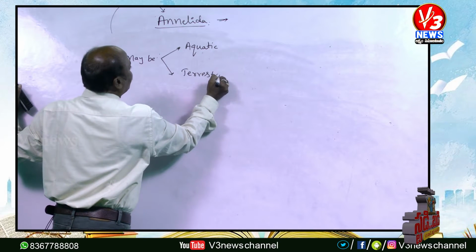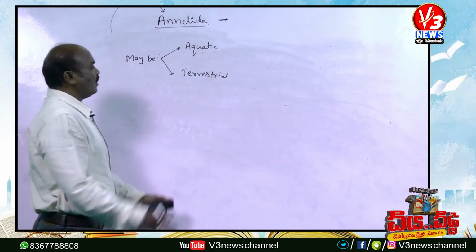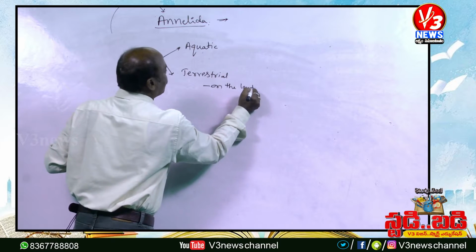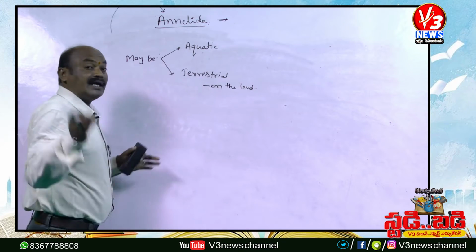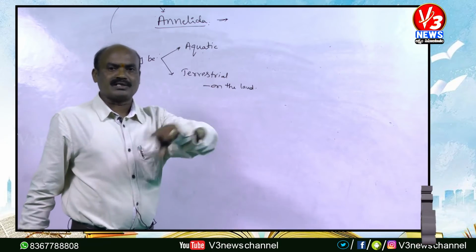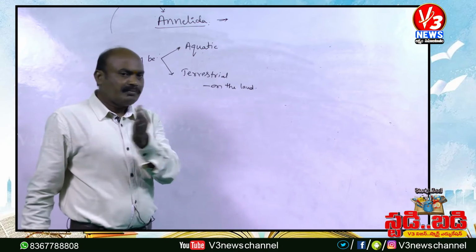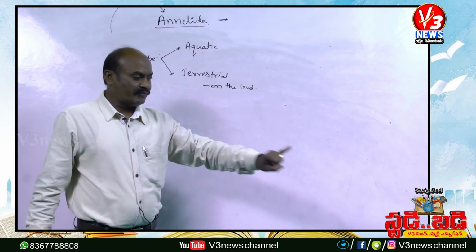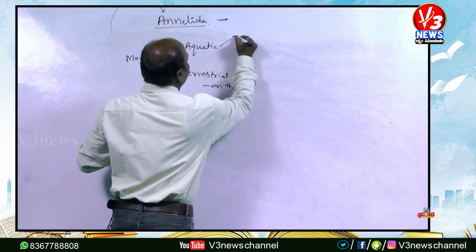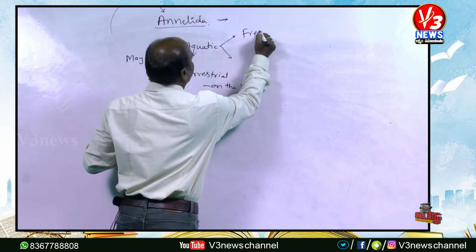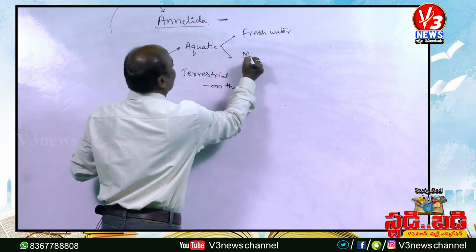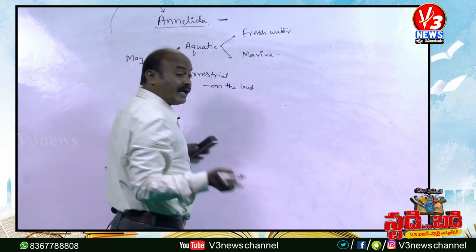Terrestrial means they live on land, aquatic means they live in water. In the very beginning classes, we discussed the aquatic medium, classified into three groups: freshwater, marine, brackish. Some annelids live in freshwater, and some annelids are in marine medium.